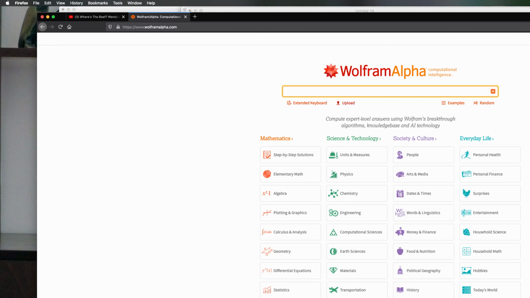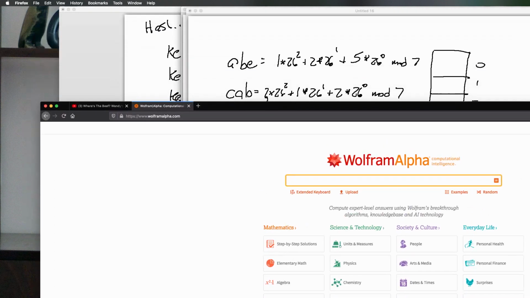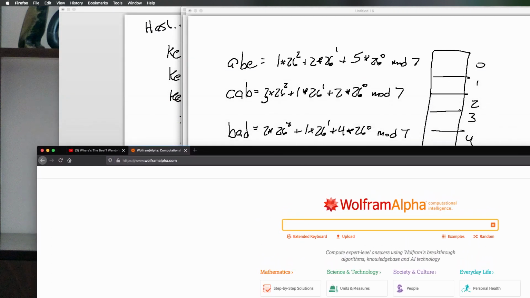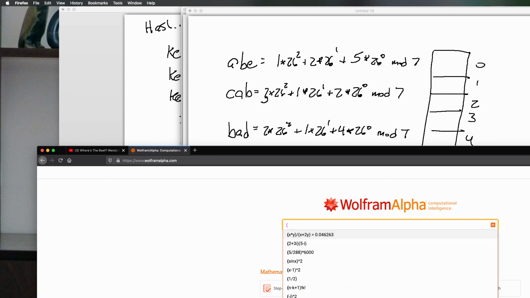And I've got my Wolfram Alpha that's going to help me calculate these big numbers. Please be patient as I grab my keyboard. My keyboard does not appear to be working. There we go.